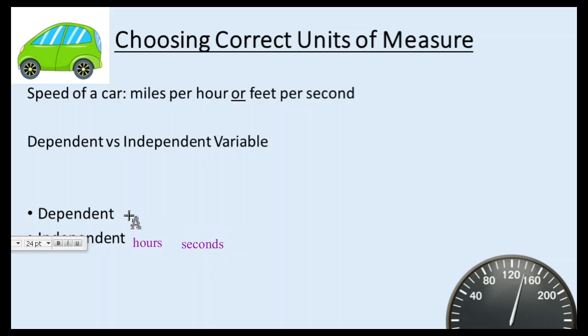So the dependent is going to be miles or feet if I'm looking at the second scenario. So the number of hours that you have traveled will determine how many miles you've gone, and the number of seconds you have traveled will determine how many feet you have gone.